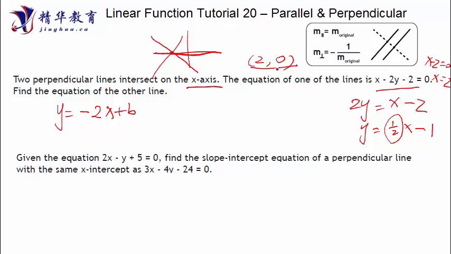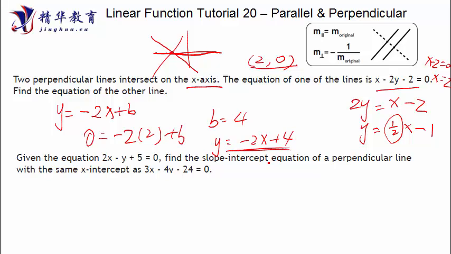That means (2, 0) is also on our line. That means when we put 2 into the x position, y must be equal to 0. So 0 equals negative 2 times 2 plus b, then b is supposed to equal 4. So we got y equals negative 2x plus 4. That's how to do these questions. Make sense? All right, the next one will be similar.